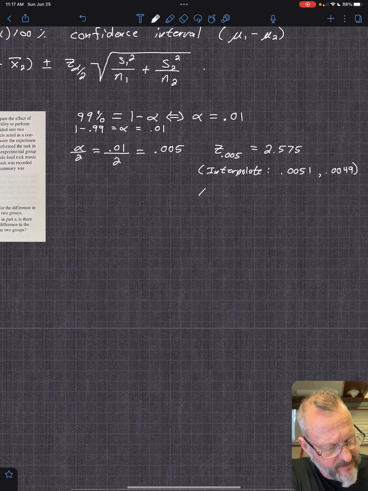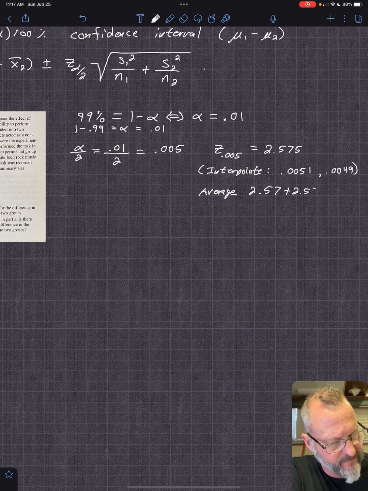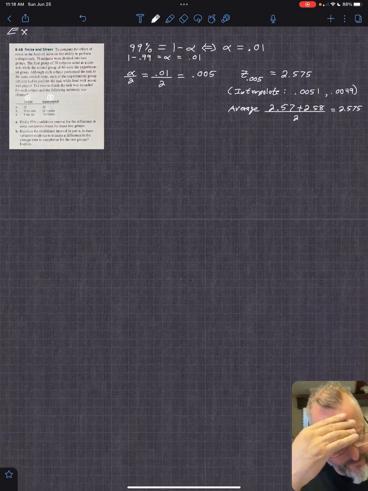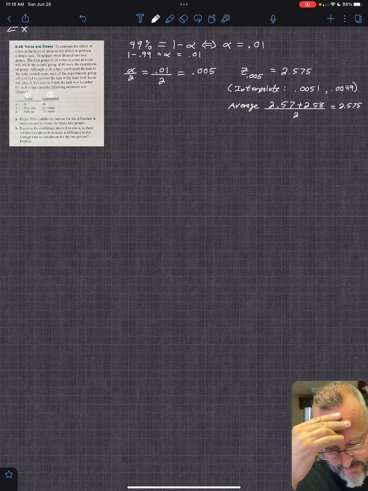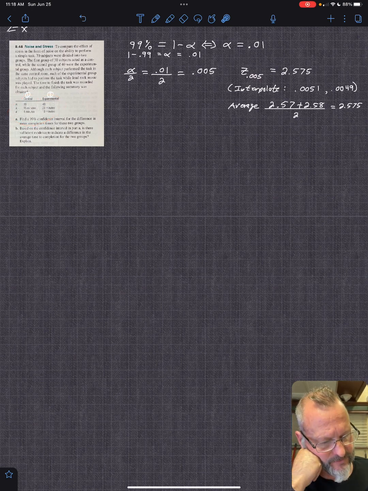To interpolate that, it's the average, so 2.57 plus 2.58 divided by 2, and you get 2.575. Okay, so that's what I wanted to show you. Let's see where I'm at. The rest, you want to write down all that information in the notation that we're using and then do the calculation. Okay, so try that.